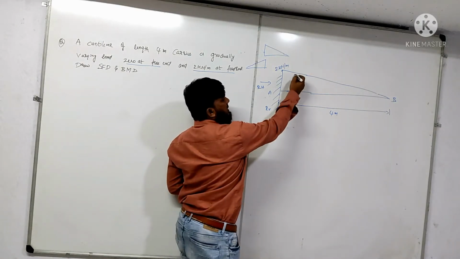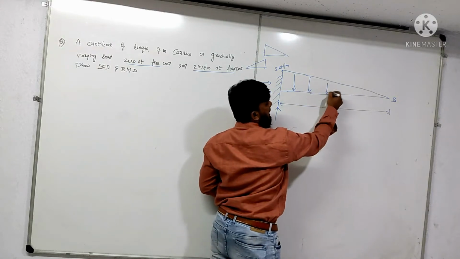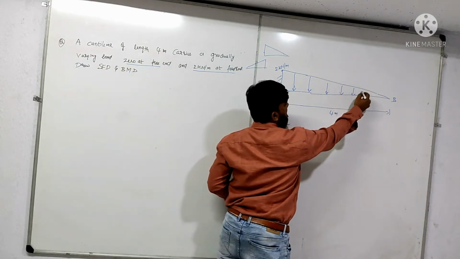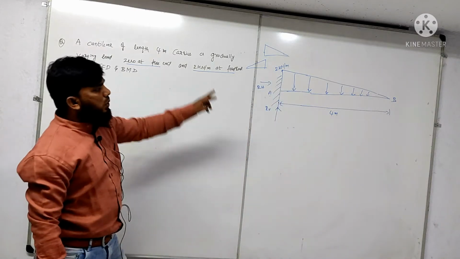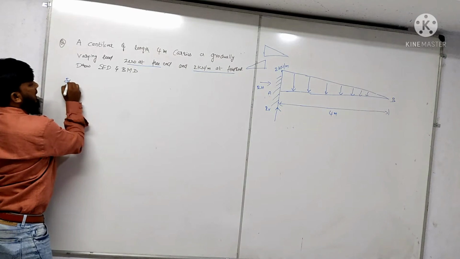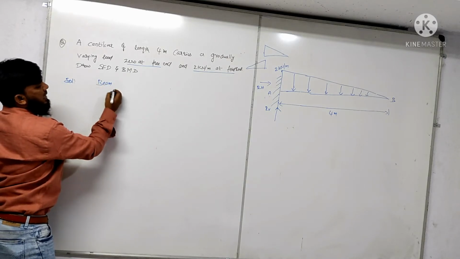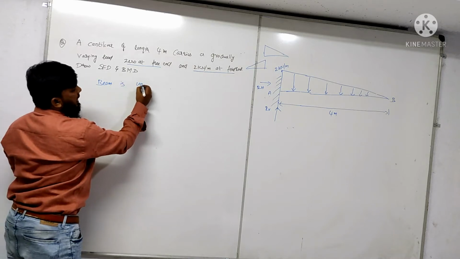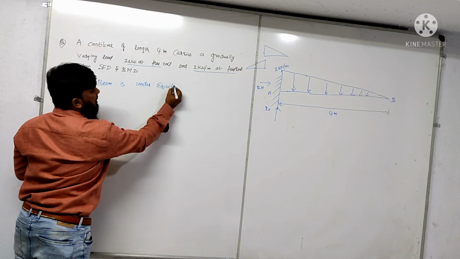Now these loads will be acting like this, whose values are gradually varied, slowly varied from 0 to 2 kilonewton per meter. Yesterday we saw the steps, so let us solve the problem. The first thing we have to consider is that the beam is under equilibrium.